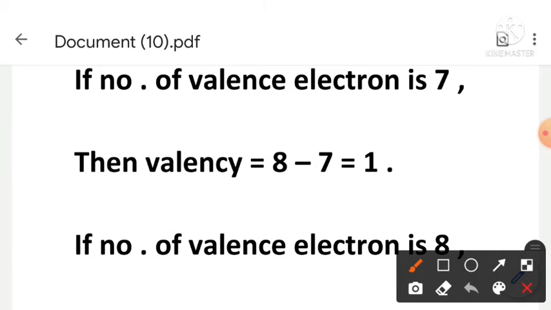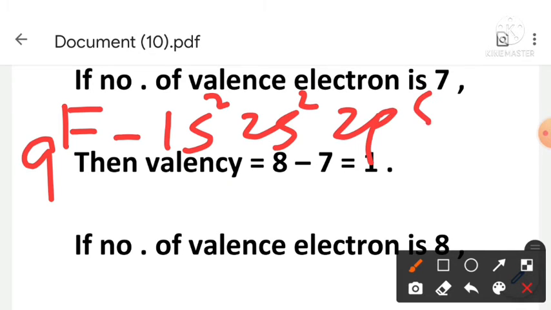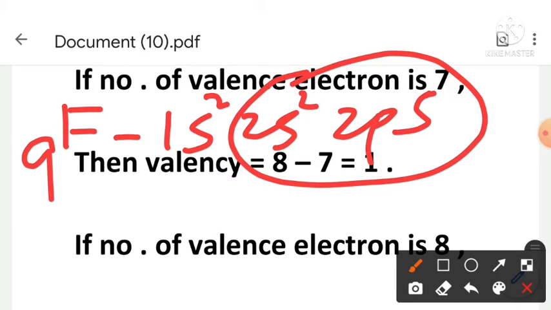If we take another condition, if the number of valence electrons is 7, then valency is equal to 8 minus 7 is equal to 1. So we take fluorine. Now we know that Z of fluorine is 9. So 1s2, 2s2, 2p5. Now we know that the outermost shell of fluorine is 2s2, 2p5.